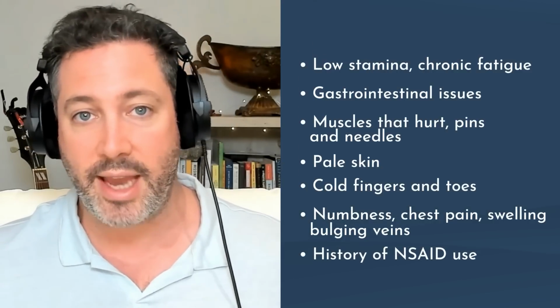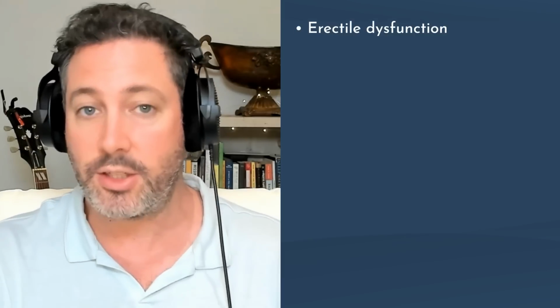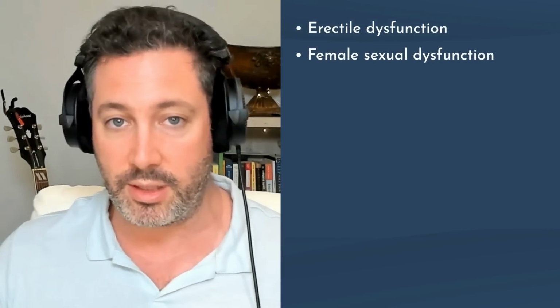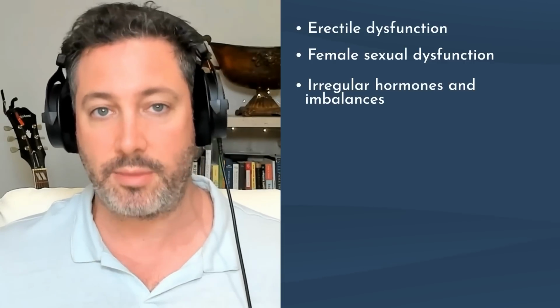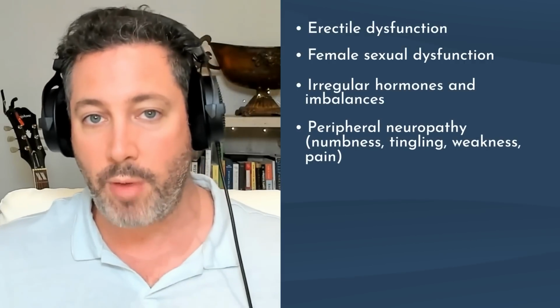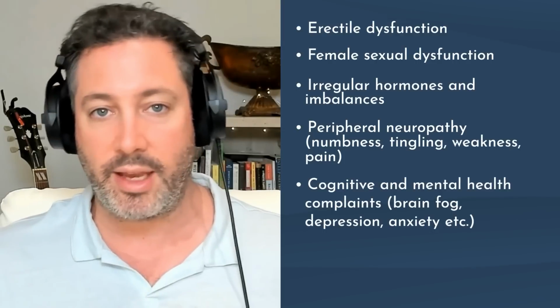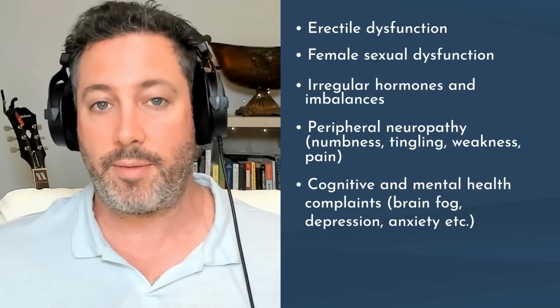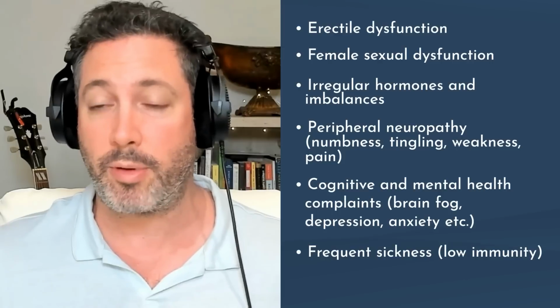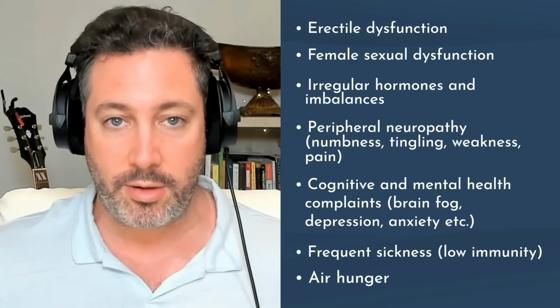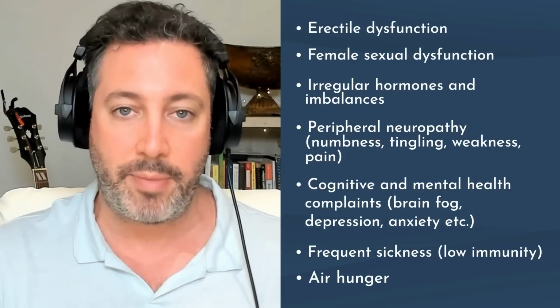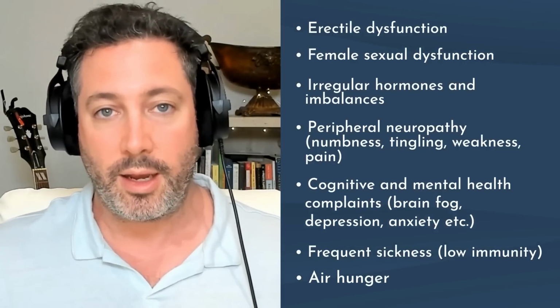If you're using NSAIDs, if you have erectile dysfunction, if there's female sexual dysfunction, if there are irregular hormones and imbalances in the endocrine system, if there are symptoms of peripheral neuropathy, if there's any type of disease related to cognitive and mental health, if your immune system is not really working properly and you're getting sick frequently, those things are critical signs that there might be, at least in a partial form, a low nitric oxide level in the body and it needs to be upregulated.